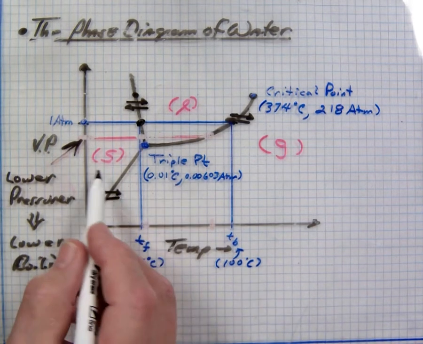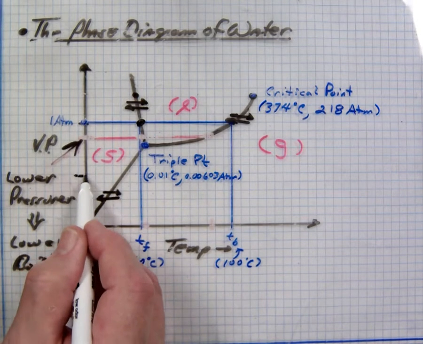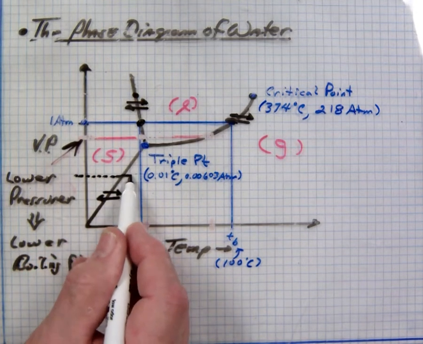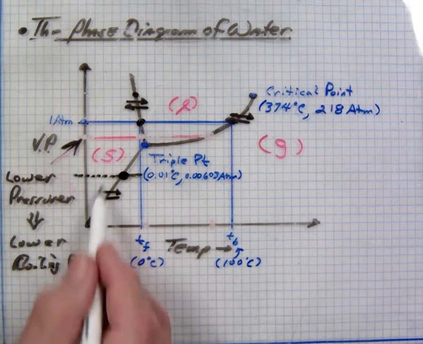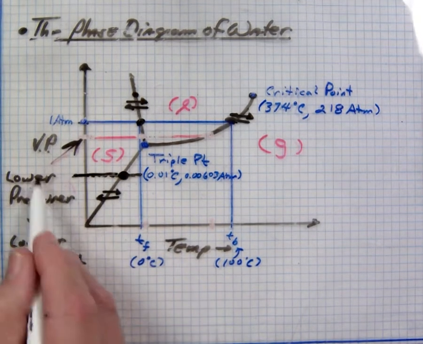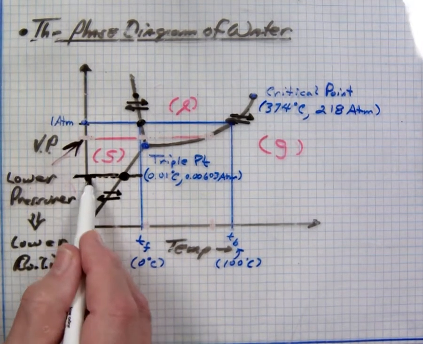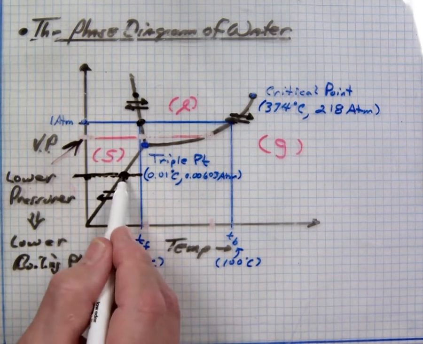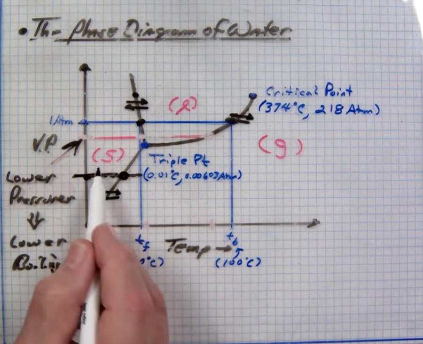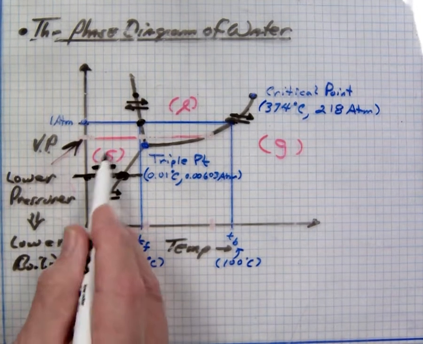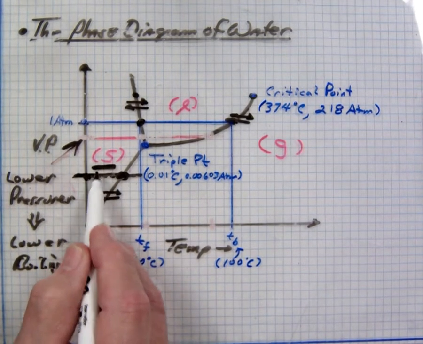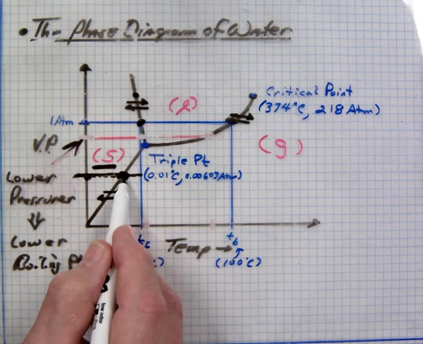And if I kept coming down in here, what would this mean if I got it across here into this position? Well, here is a low vapor pressure right here, and it would transition if it was a solid. That's what I'm trying to say. Say we had a block of ice right here. And if we lowered the pressure around that block of ice, it would sublime. It wouldn't melt.